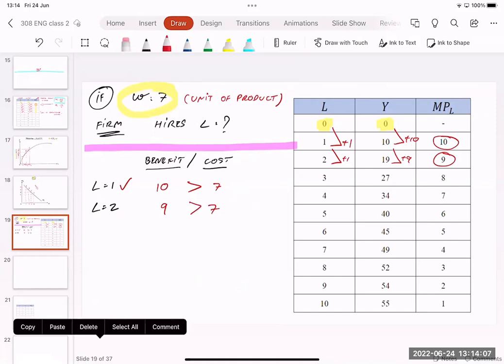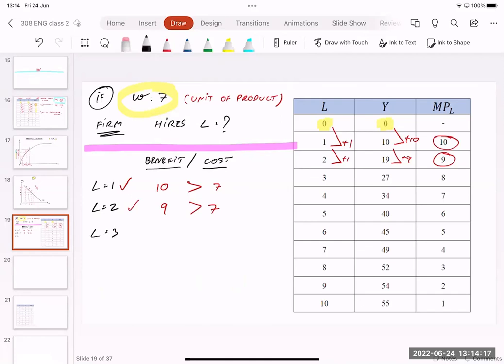Still, benefit is greater than cost, so hiring the second labor is a good idea. How about the third labor, L equal to 3? From 2 to 3, he can help me produce 8 units more. The benefit is 8, the cost is 7. Still good, benefit greater than cost.